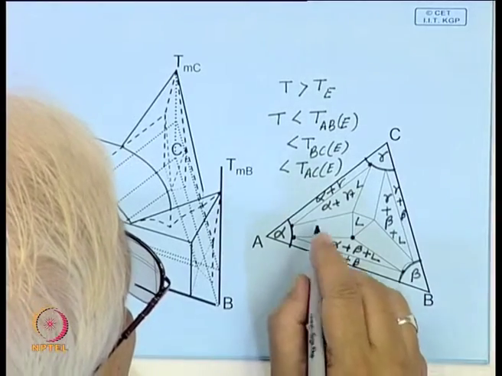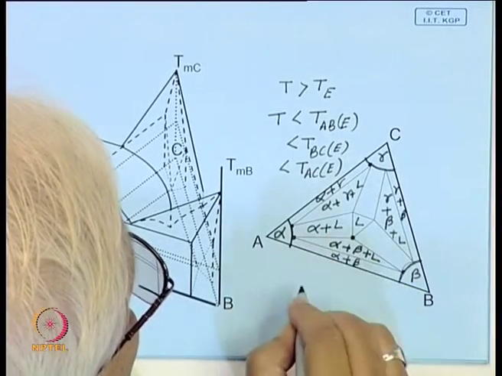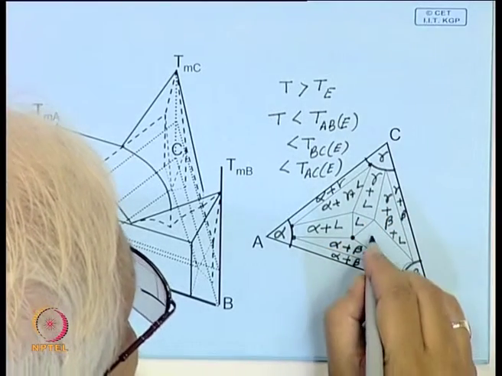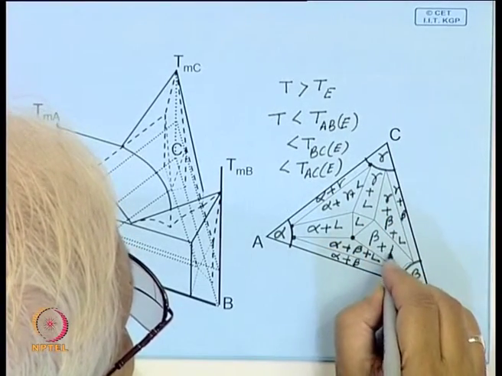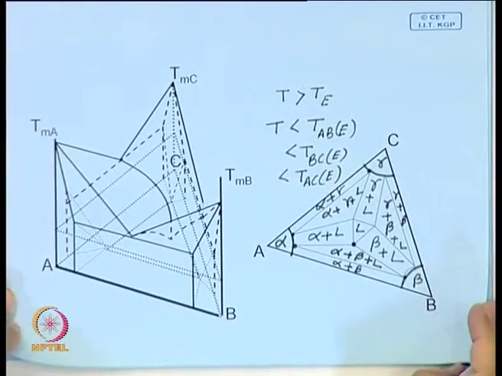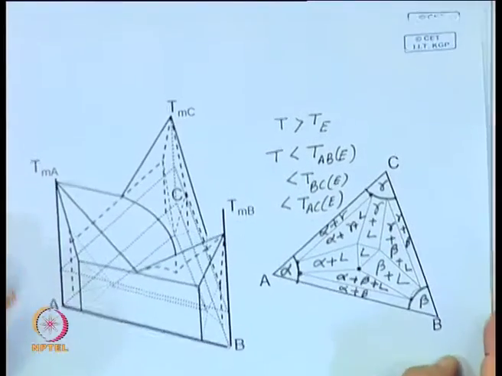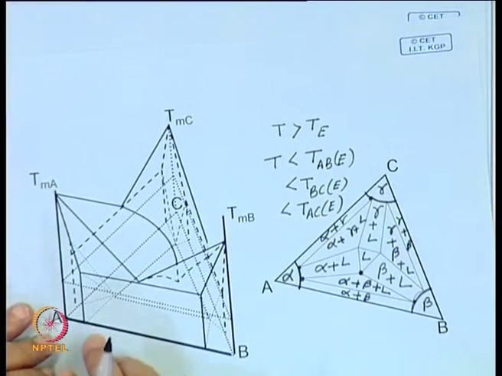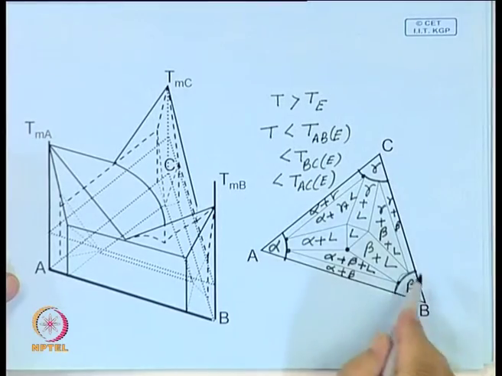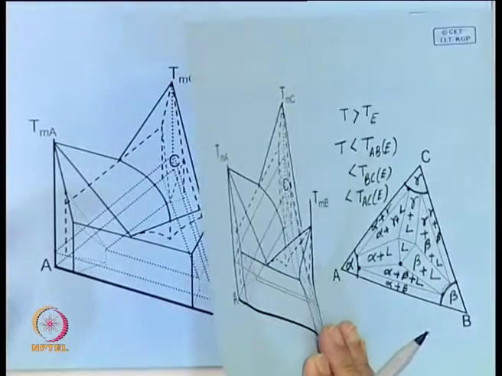And these regions will be binary regions: alpha plus liquid, this will be gamma plus liquid, this will be beta plus liquid. So, in the same way, I think it is possible to construct or visualize from this type of ternary eutectic diagram, or you can construct a model and try and verify whether you get this kind of horizontal sections.